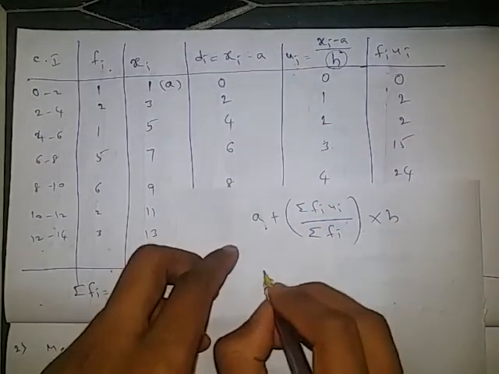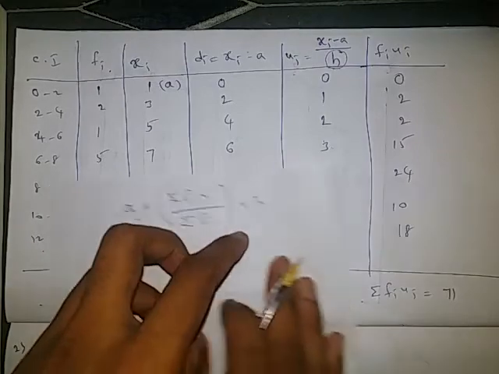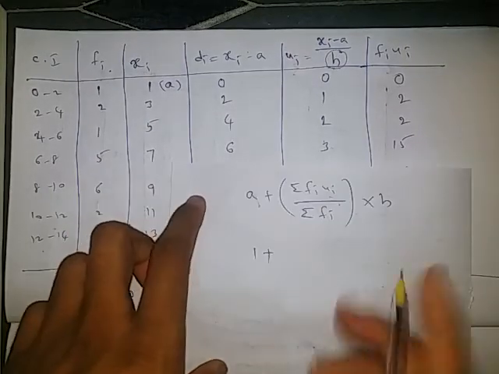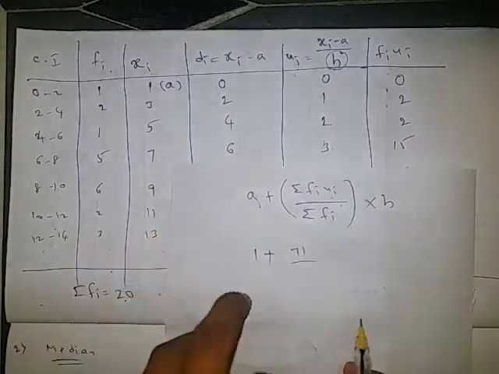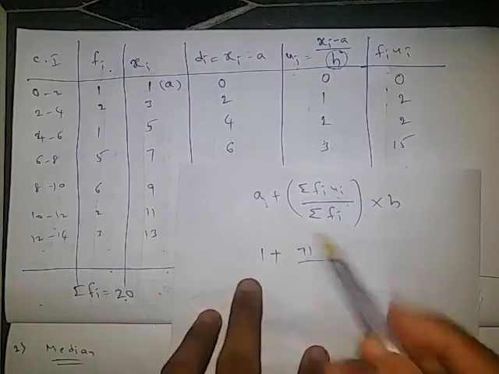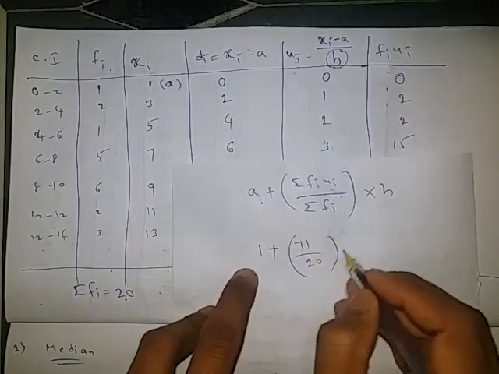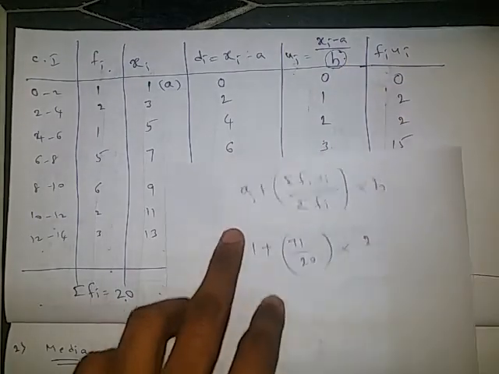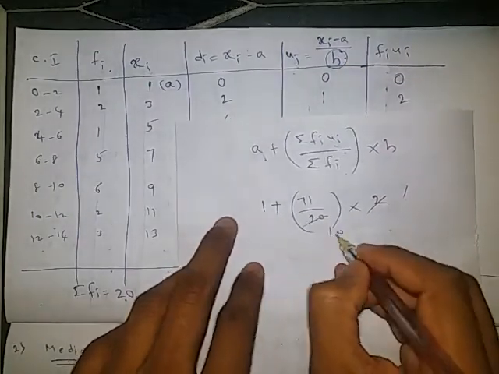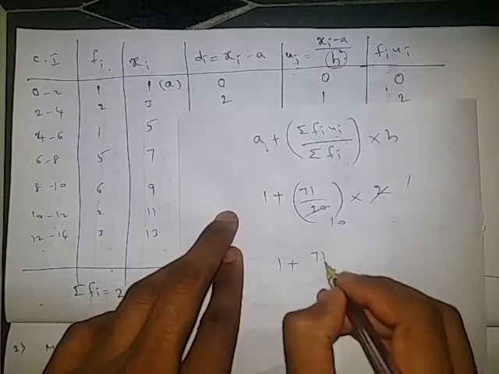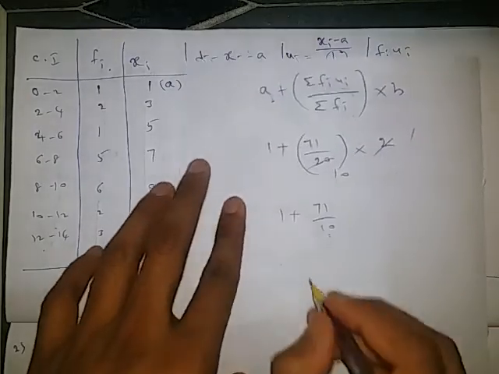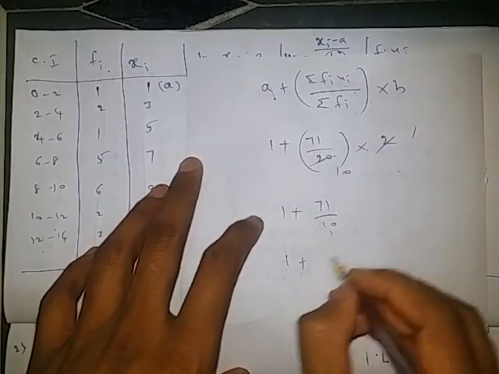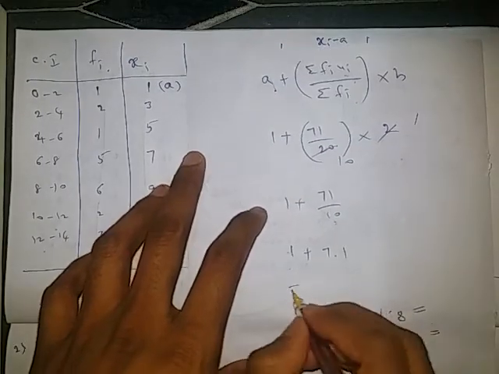That is 1 plus sigma fi ui, we got it as 71, divided by sigma fi, that is 20, into the h value we took as 2. So 2 ones are 2, 2 tens are 20, so we remain with 1 plus 71 by 10. 1 plus 71 by 10 is nothing but 7.1.